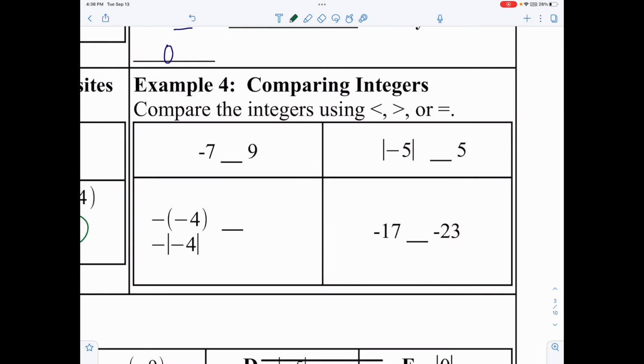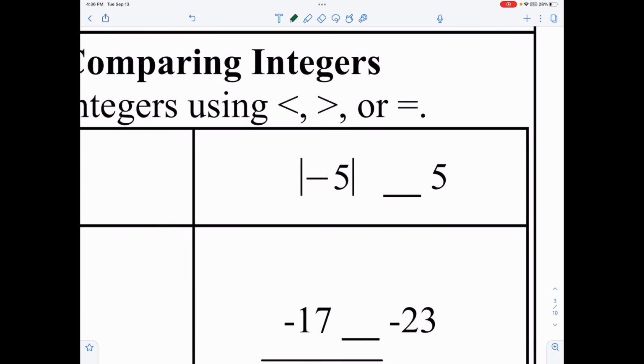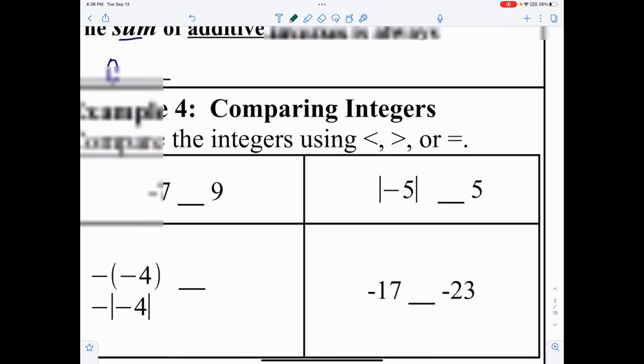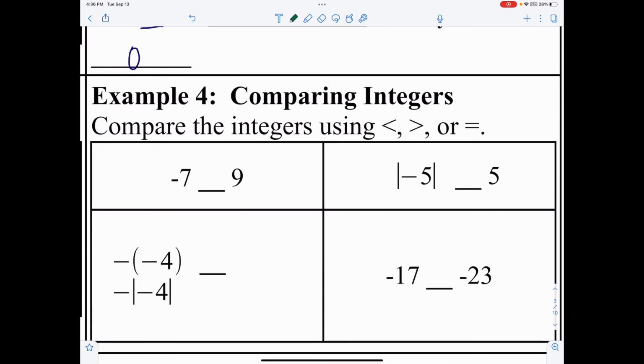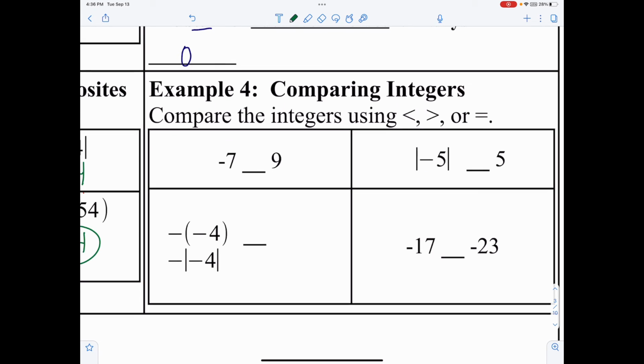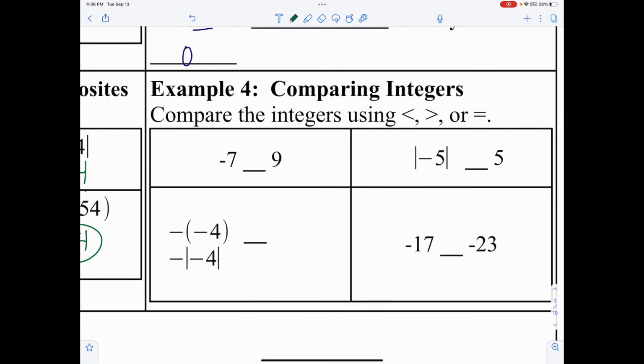Okay, all right, on to example 4, comparing integers. When we're comparing integers, we're using those comparing symbols. These are called inequalities, which means they're not equal to each other. And so first thing you have to do is understand what these inequalities actually say.